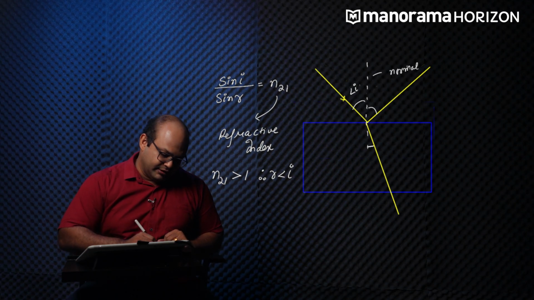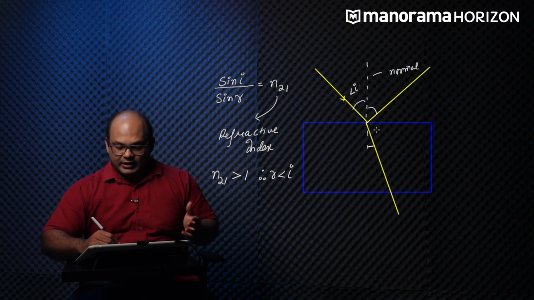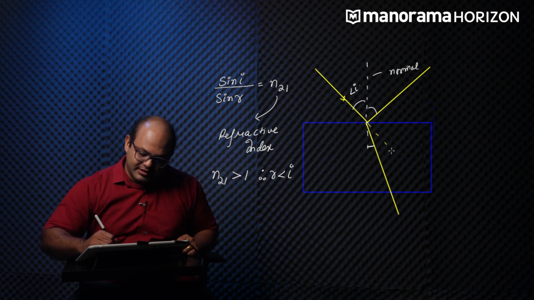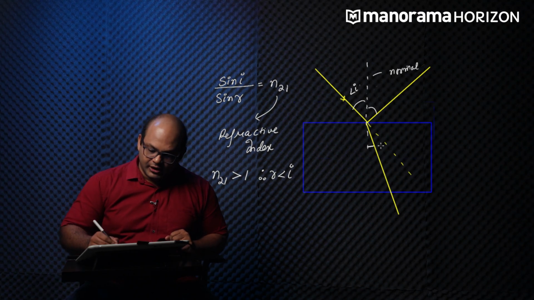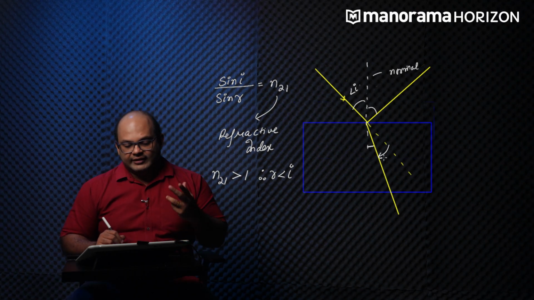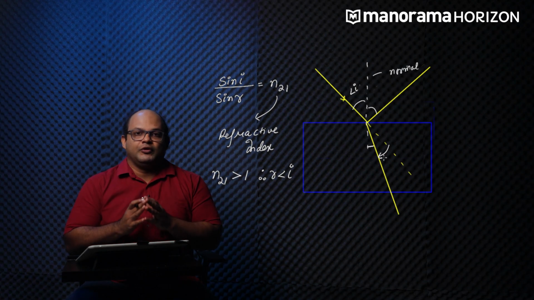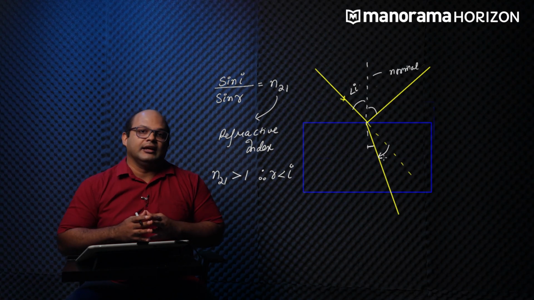So, in this particular case, if there was no glass slab, the ray would travel something like this. But instead of that, the ray is bending towards the normal. That is why the angle of refraction, the magnitude of angle R, is less than angle I.